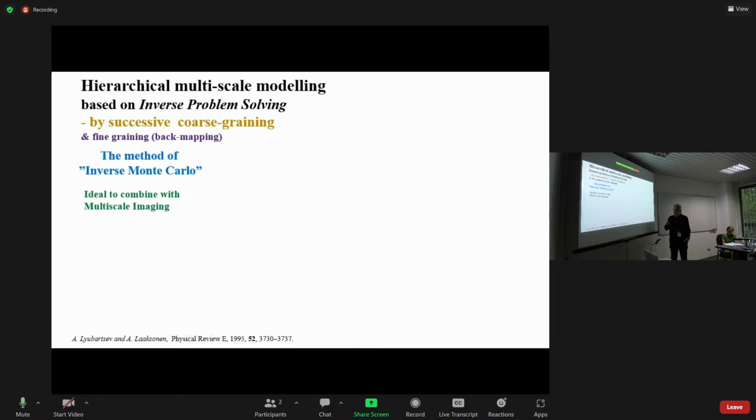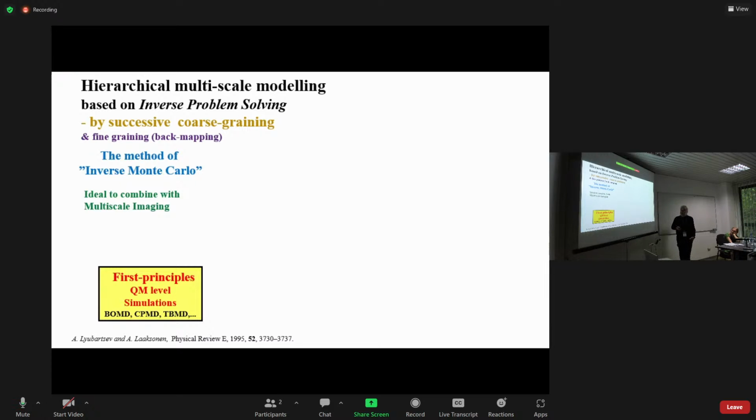So the entire method is called the method of inverse Monte Carlo. It actually combines very well with something called multiscale imaging, because you can do imaging also at different length scales and so on. So they combine very well together. So let's start from these first principles simulations.